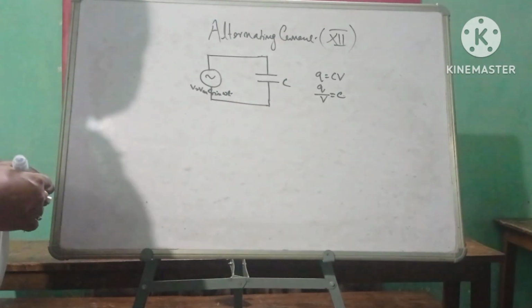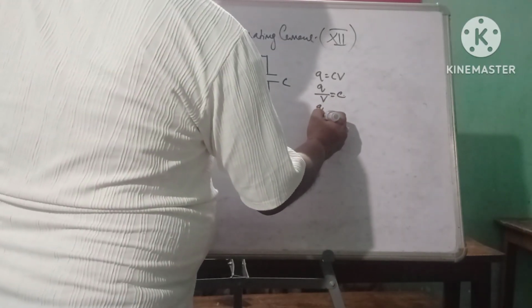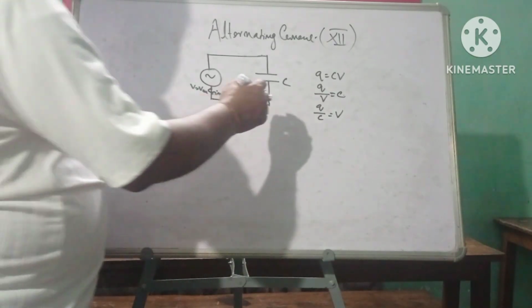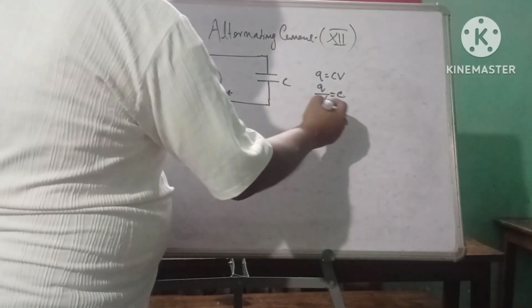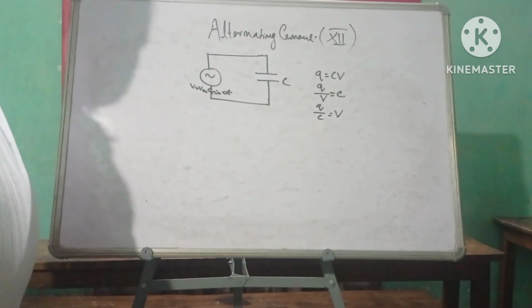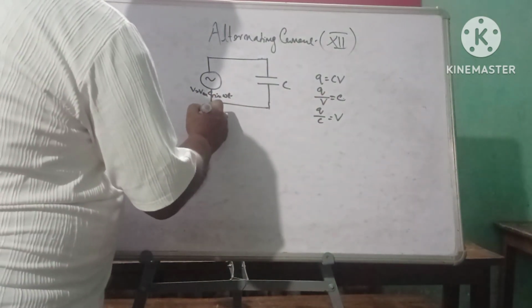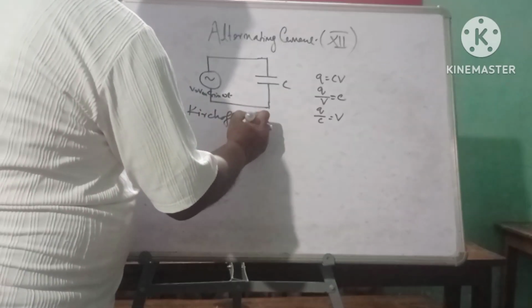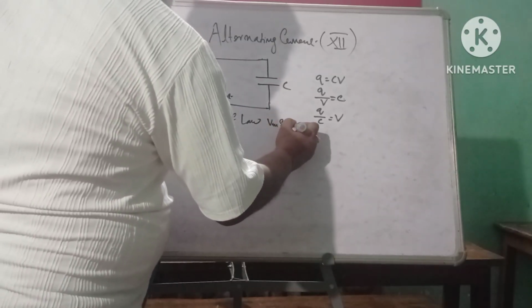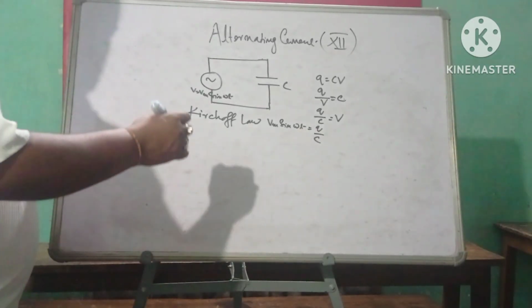Here this will be Q by C is equal to V. According to Kirchhoff's law, Vm sin omega t is equal to Q by C.